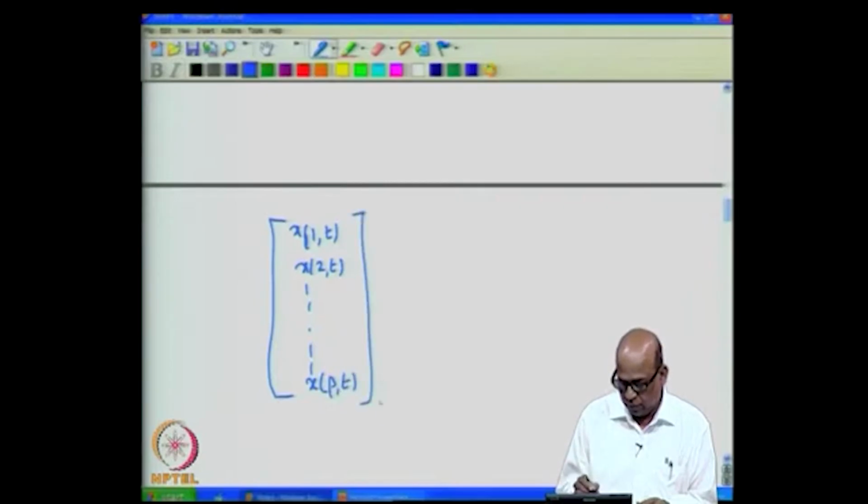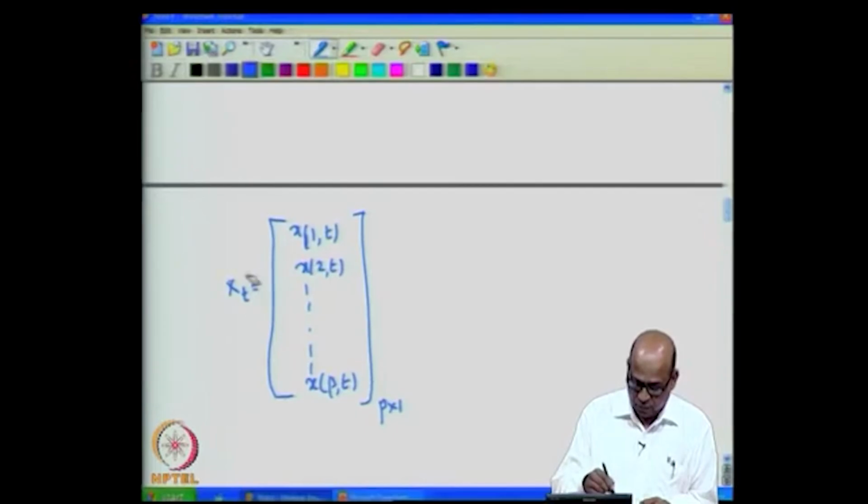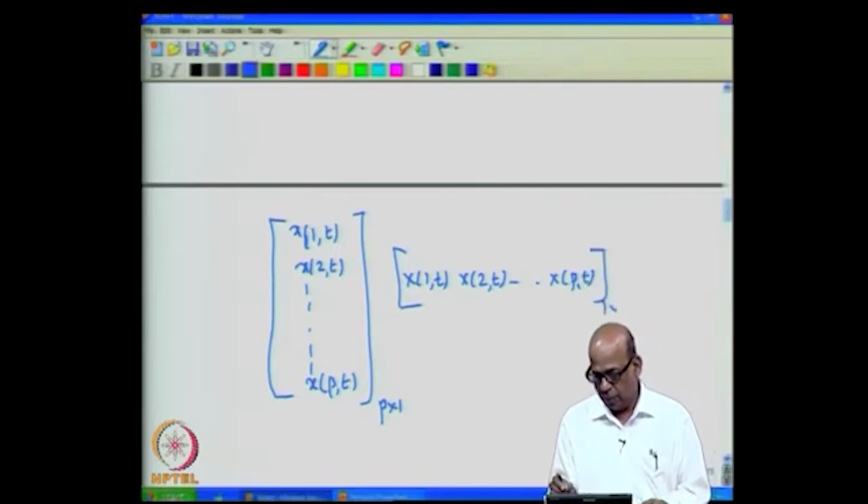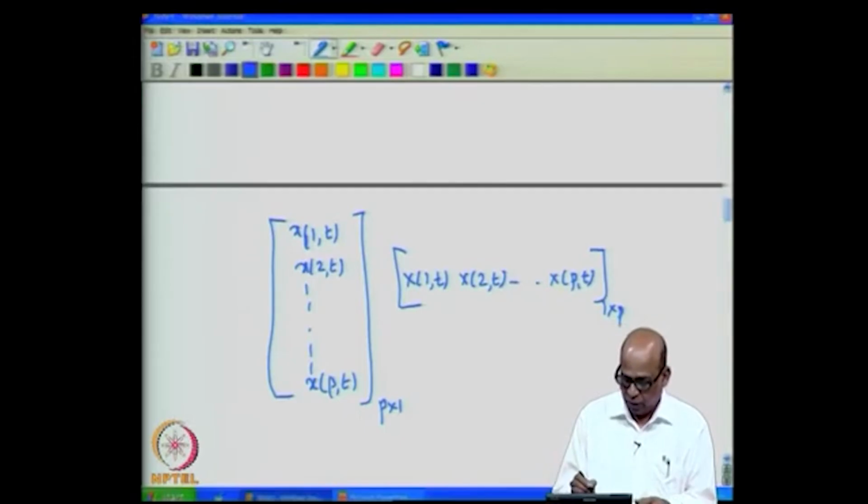Now, this is a p by 1 matrix, and this we call x t. This is the x t matrix, and x t prime is simply the transpose of this: x 1 t, x 2 t etcetera x p t. This is a 1 by p matrix, so you should get a p by p matrix.